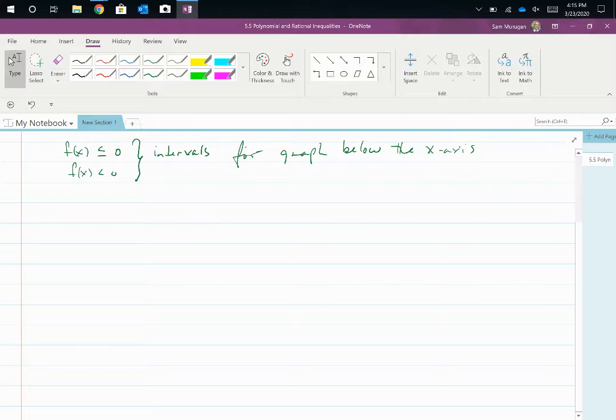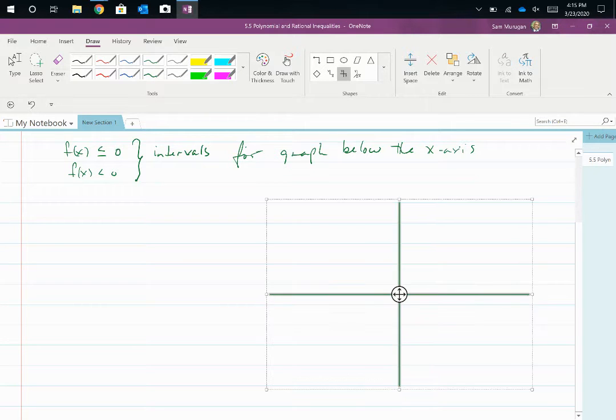So I'm going to sketch a couple of graphs here, and we're going to see if we can figure out what's happening. We have f of x, we have x. This is an example.